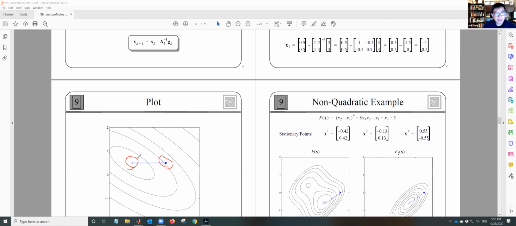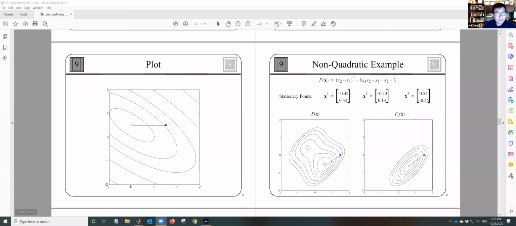Because your minimum is at this location, minus 1.5, minus 1.5. This is minus 1, this is 0.5.